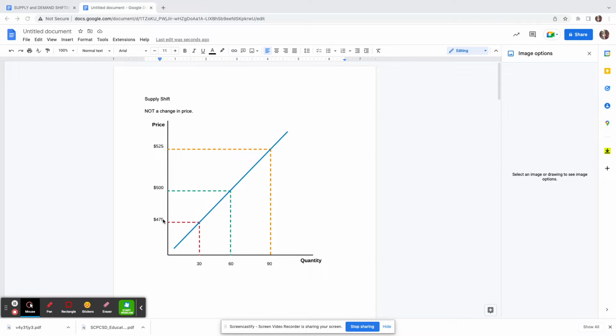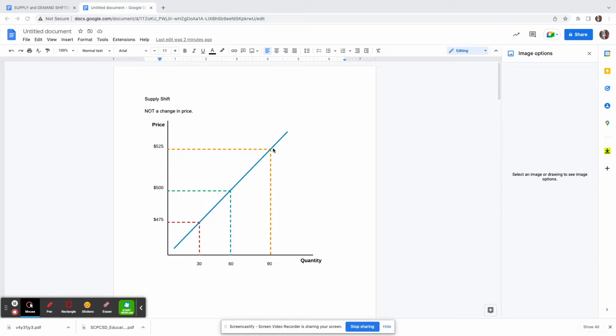Let's say 475 is your price, and the quantity supplied is going to be 30. If you increase that price, then naturally the supply is going to increase because producers are making more to maximize their profits. That's what we learned in the last video. So this is your supply line. It is a movement along this line as the price changes.